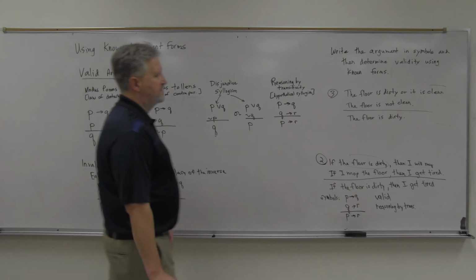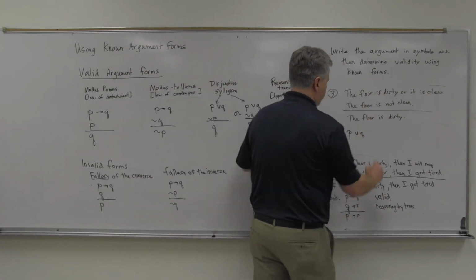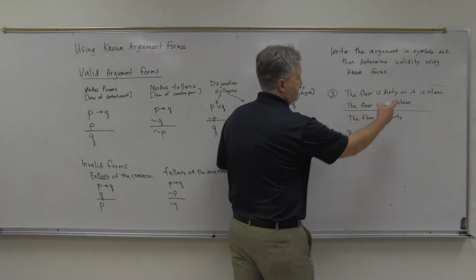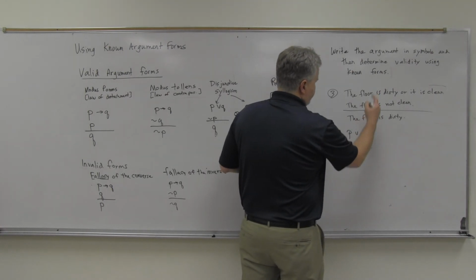Yeah, so it's pretty recognizable there. You got P or Q, symbol-wise. The floor is not clean, so that's the opposite of the Q. It's not Q, and the floor is dirty, that's just the P.